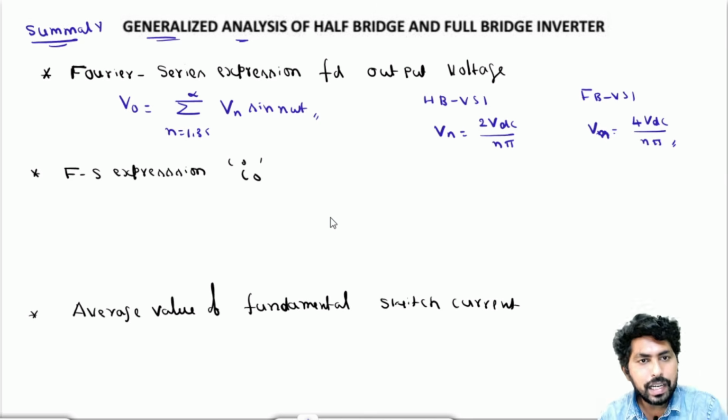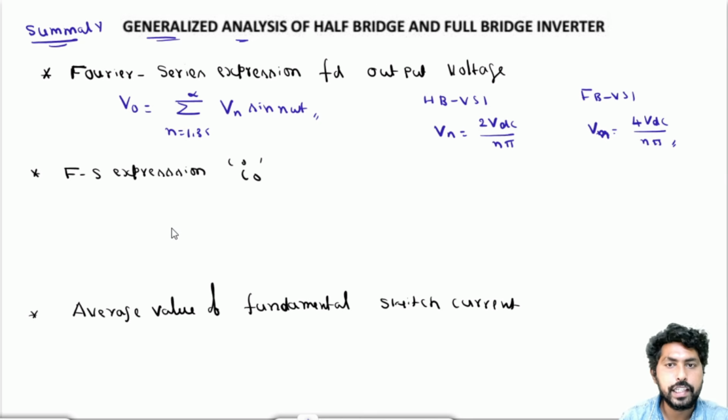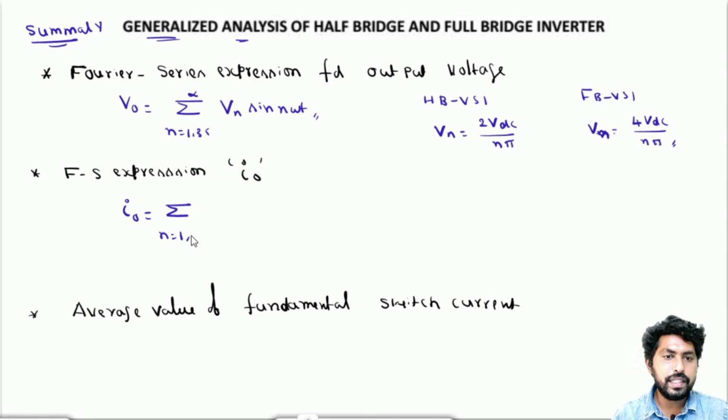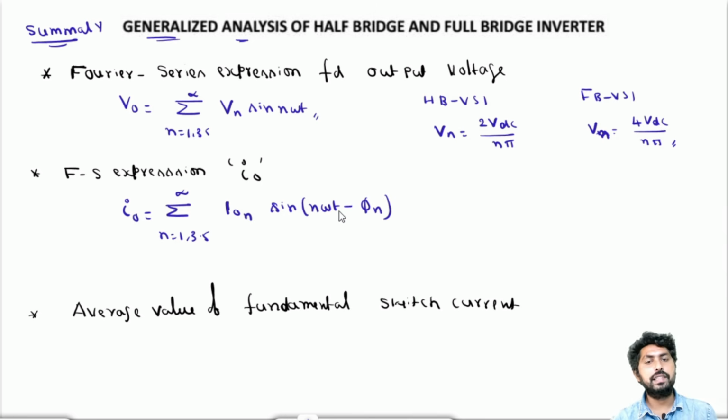Similarly, let me write the output current expression. I naught equal to sigma n equal to 1, 3, 5 to infinity I naught n into sin n omega t minus phi n.